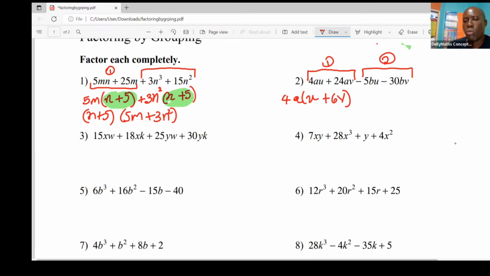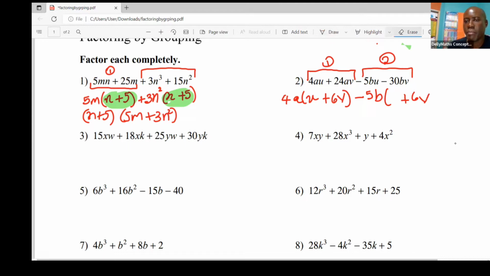For group 2, our common factor is negative 5b. Remember though that you want to make sure that the two brackets come back. So make sure that the sign is appropriate. So negative, the sign right here is appropriate. So negative 5b into negative 5bu, we're left with u, and negative 5b into negative 30bv, we're left with positive 6v.